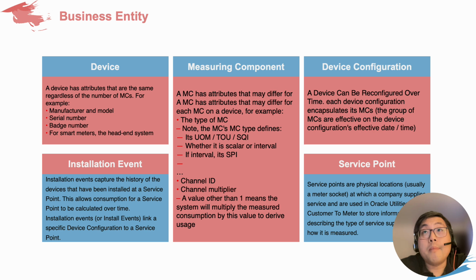However, in MDM, there is only one object. So the service point in MDM, we have to remember, covers both. It covers not only the logical information, but also the premise, which is the physical location. So all the information is literally on the service point, one object in MDM.